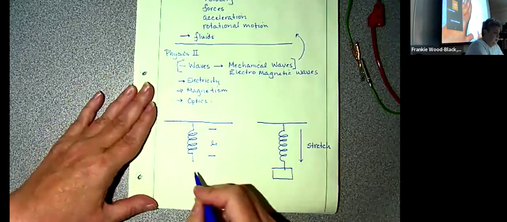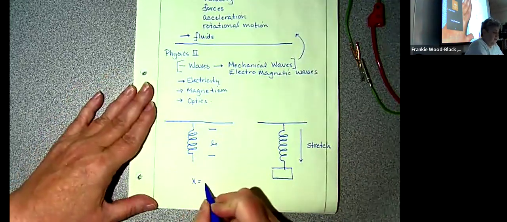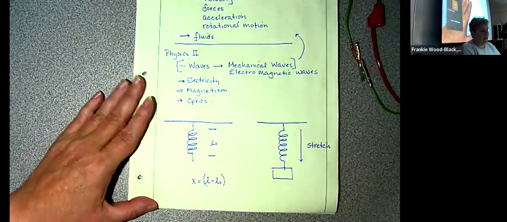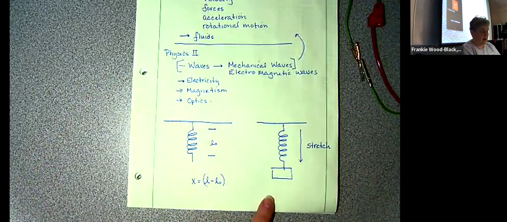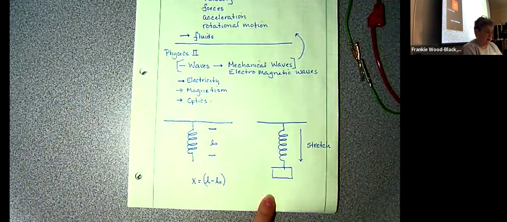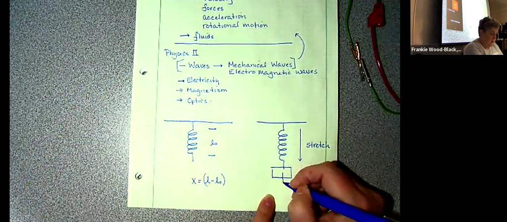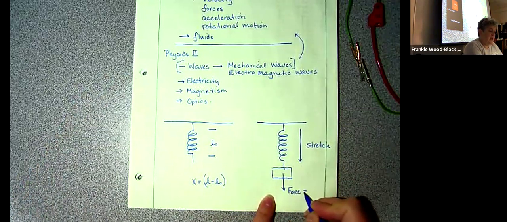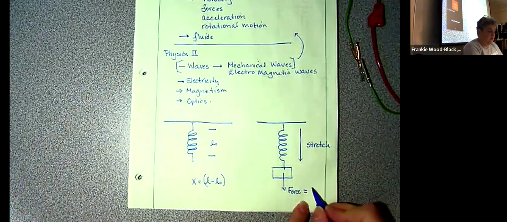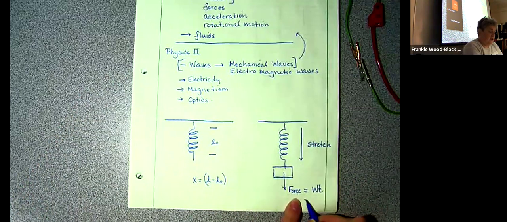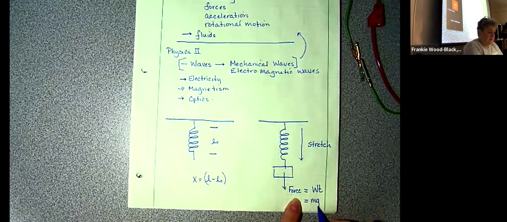And that stretch we called X, and that's our new length minus the original length. Now, when I play with a spring, if I'm in equilibrium, this is just going to hang down. And remember, when we're hanging something down, we're applying a force. And that force here is equal to the weight that we have on our spring. And that was just our mass times gravity.